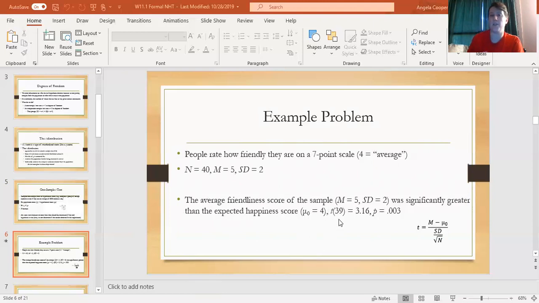T, with our degrees of freedom here in parentheses, that 39, again 40 minus 1, since we have one sample. And then our t statistic, once we calculated that using that formula, is 3.16, and our p-value is 0.003. So that would be how you could report that if you were dealing with a one sample t-test.